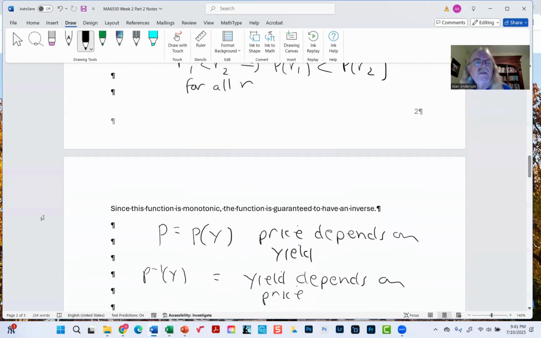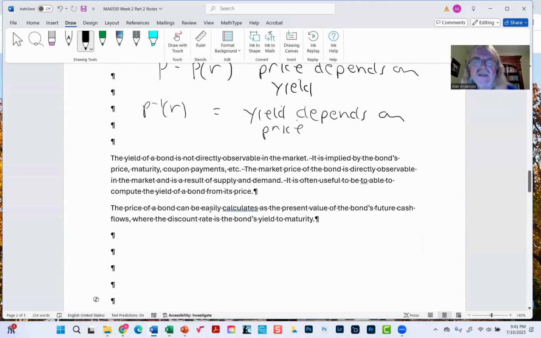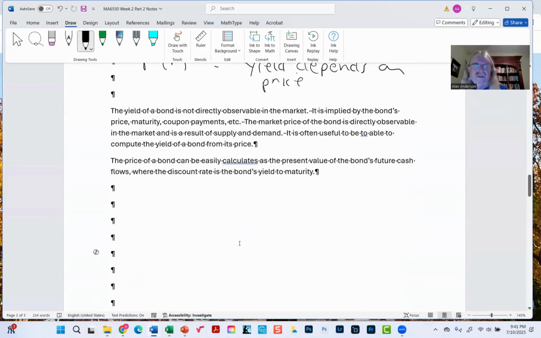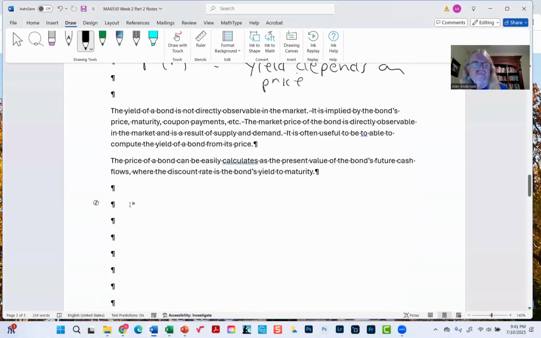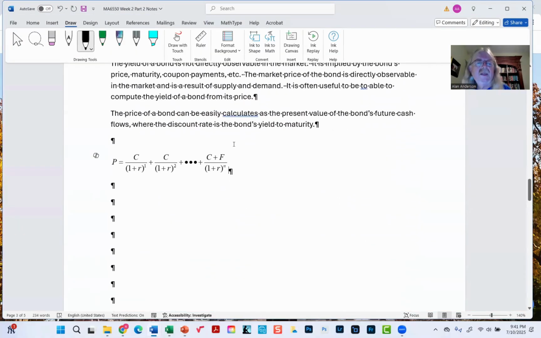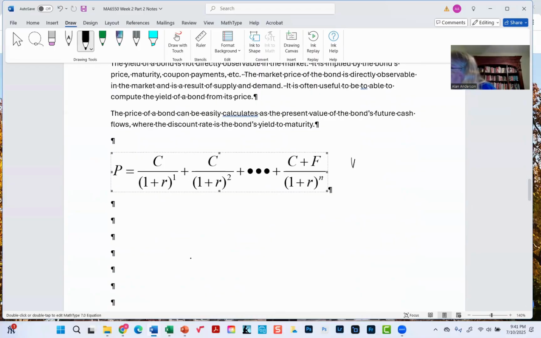Okay, very good. Now we got that straight. So here's the price. It's easy to calculate the price, and remember too, the R is the yield to maturity.